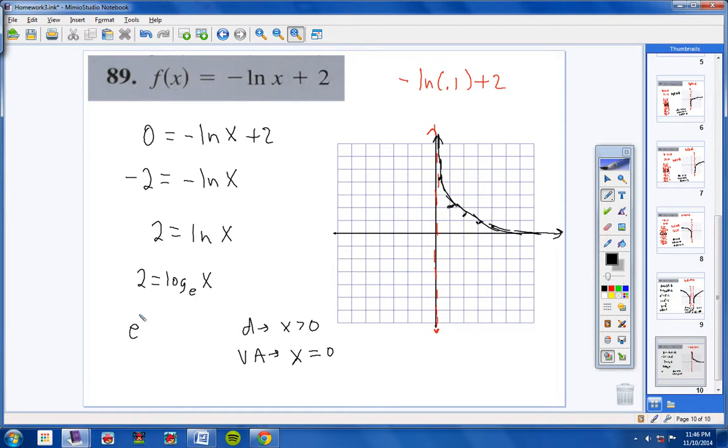So e squared equals x. And then go ahead and type that into your calculator. And you would get 7.4. So your x-intercept is 7.4. So over here somewhere, about right here would hit.